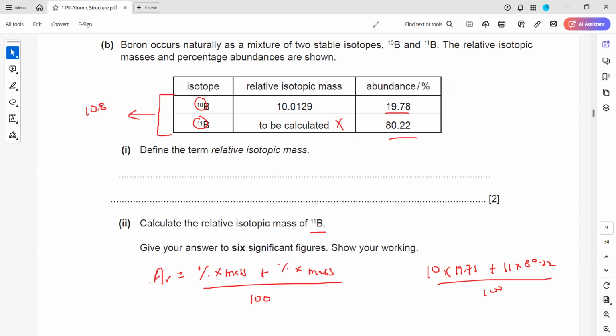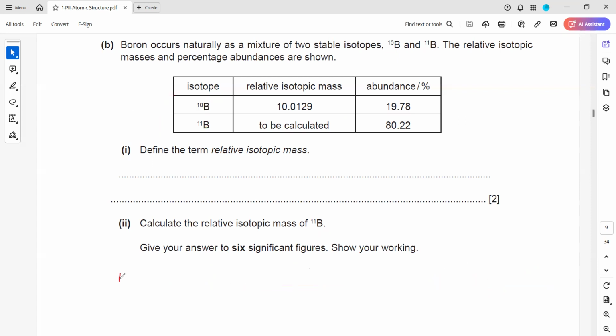Now, the formula is that the average mass is equal to the percentage of the isotope multiplied by its mass, plus the percentage of the isotope multiplied by its mass, divided by 100. Now, this is 10.012 and this is to be calculated, like this isotopic mass, the actual number, we have to calculate. But before we calculate this isotopic mass, we should know an average of these two.